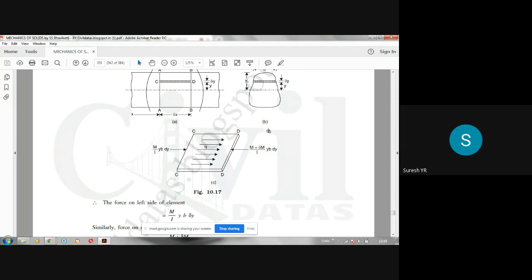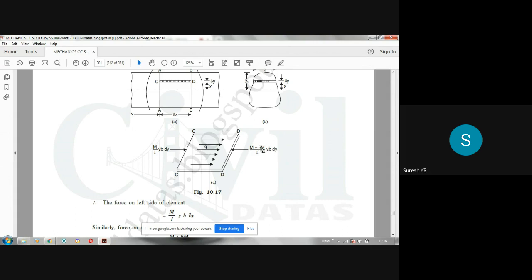Now this should be equated to the shear force. You know the relationship between bending moment and shear force. Now see this figure. There is an unbalanced force due to this and this, so you have taken the difference. It happens like this because this is more, M plus delta M. Let us assume that M plus delta M is positive.